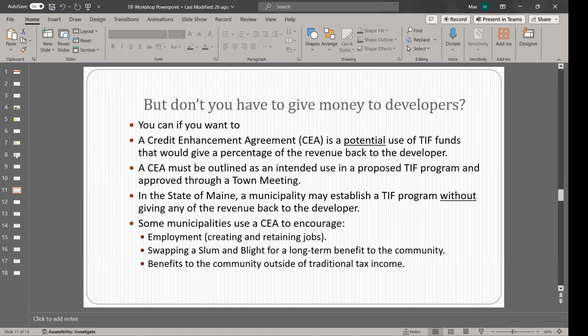So there are other beneficial things, but it has to be something you outline in this credit enhancement that your residents or your town council would have to approve. It's whoever your legislative body is. They must approve this credit enhancement, which again, I will stress one more time, you do not have to do a credit enhancement to have a TIF. You can have a TIF without a credit enhancement.